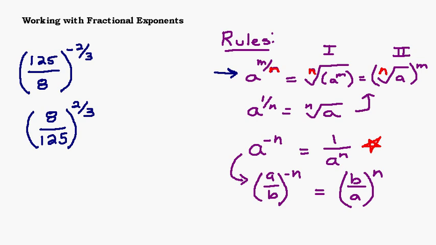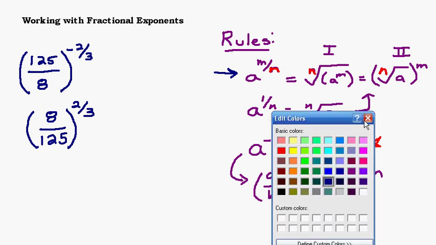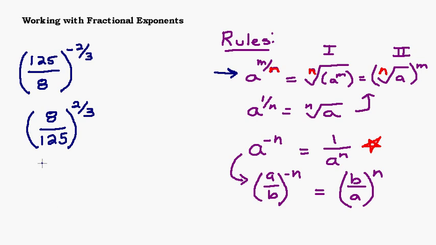Okay, so now we're ready to do our exponent rule. We're going to take the cubed root, that's the 3, of the entire fraction, 8 over 125. Again, both of these are perfect cubes, so that's not going to be hard. And then we'll take that to the second power.